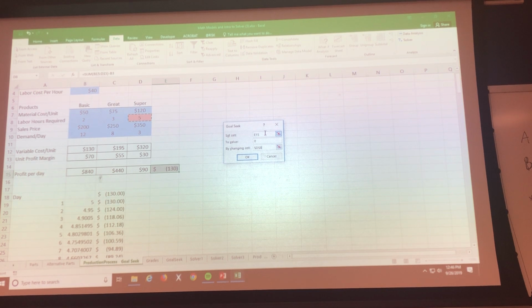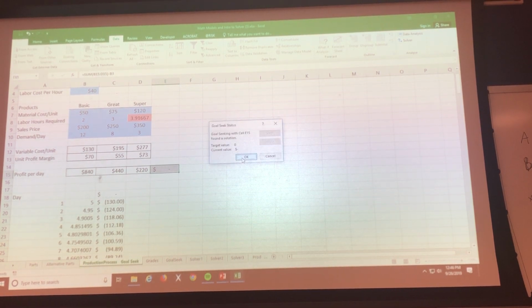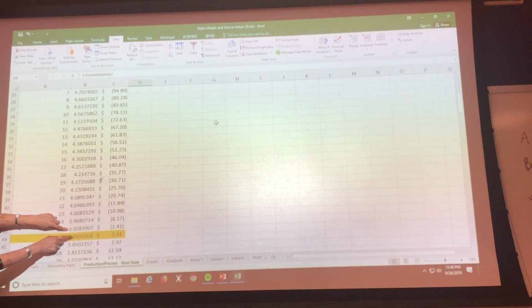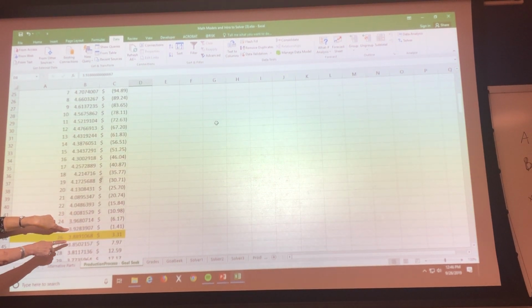So force E15 to be 0 by changing D8, and it'll tell you that they have to have a speed of 3.9166. If that's the only thing that we change, that's the speed they have to get to, 3.91. Is that surprising? No, it was obviously in between these two numbers somewhere, okay?